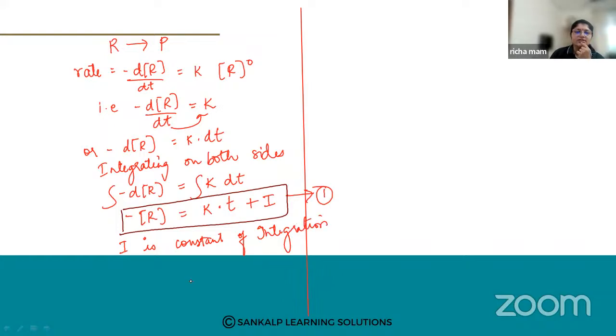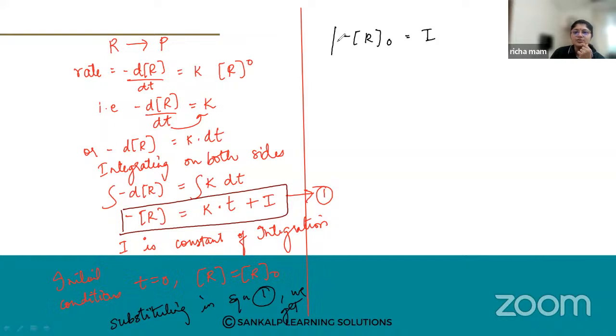So what are the initial conditions? At initial conditions, t is equal to 0 and R will be equal to R naught. Substituting in equation 1, we get minus R naught is equal to k into t, and t is 0, so that term will be 0.